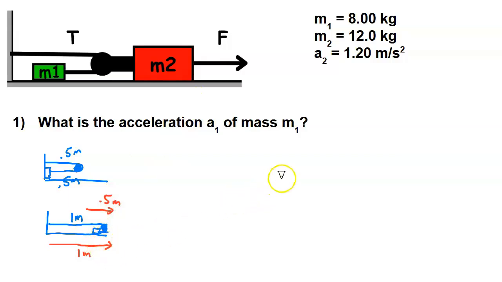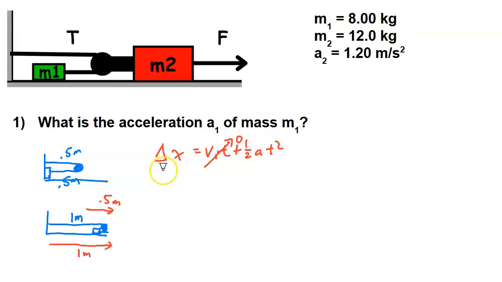So using our kinematic equation, delta x equals v_i t plus 1/2 a t squared, let's say the initial velocity is 0, and we're dragging at constant acceleration here.